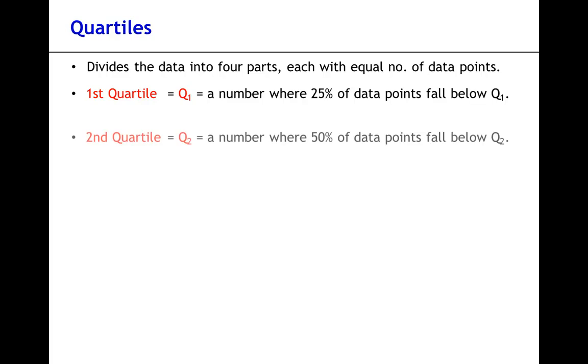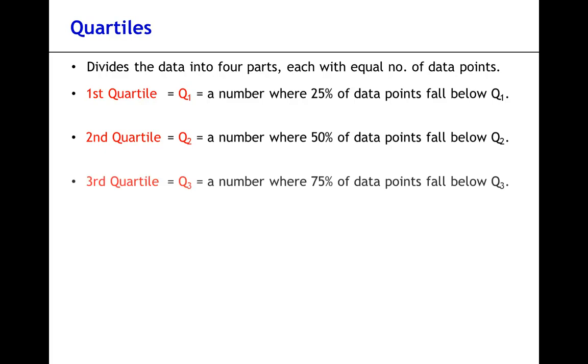The second quartile, or Q sub 2, is the number where 50% of the data points fall below Q sub 2. The third quartile, or Q sub 3, is the number where 75% of the data points fall below Q sub 3. Since the second quartile is the number where 50% of the data falls below it, that's exactly the same as the median, which we have encountered earlier.